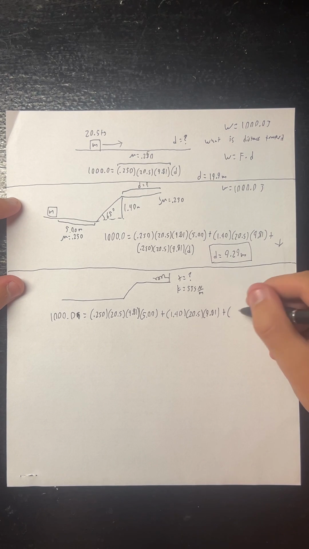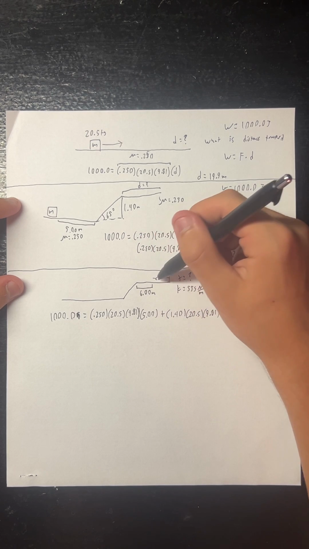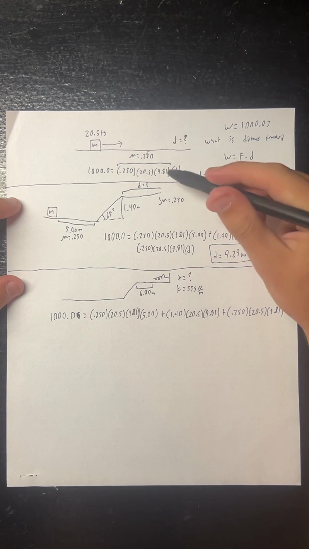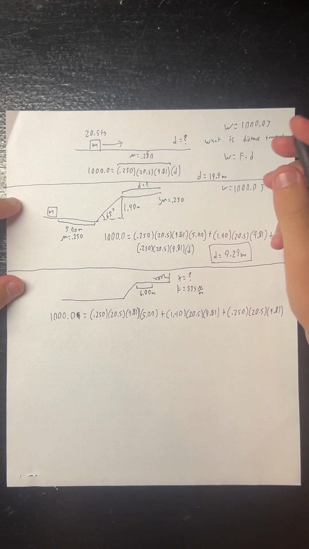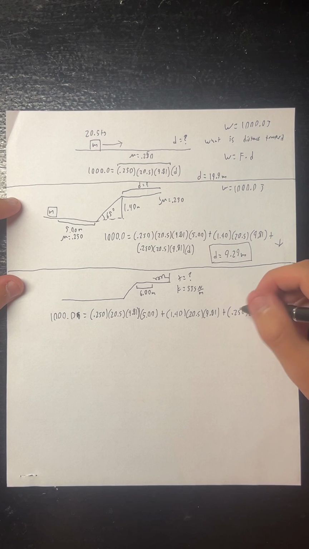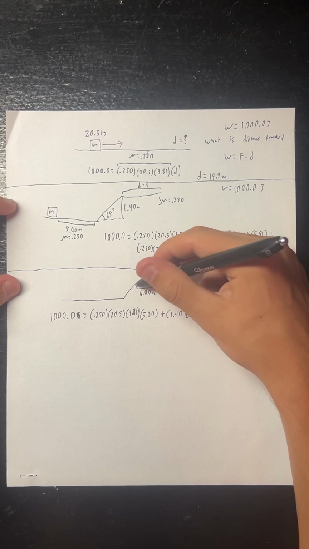And then we are going to add what it travels here. So it is mu, 0.250, 20.5 mg, and the distance that it travels before it compresses the spring is 6 meters. It's not going to be the distance up here at 9.29. It's going to be 6.00. So we do our friction times 6, but the friction also acts along this whole length.